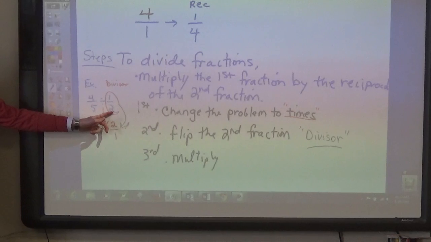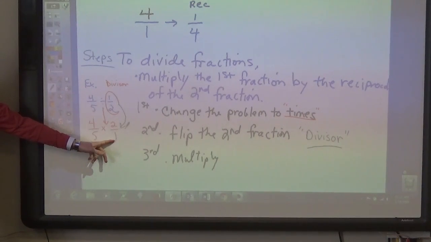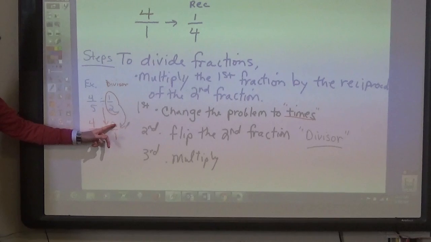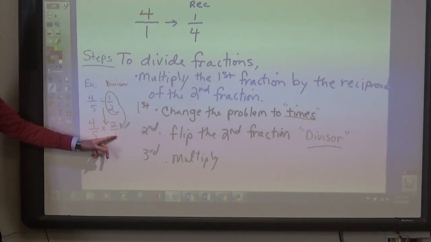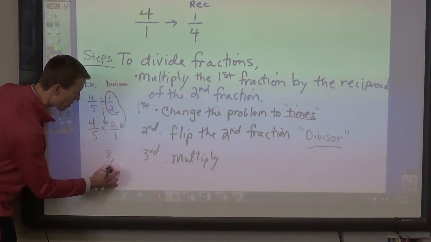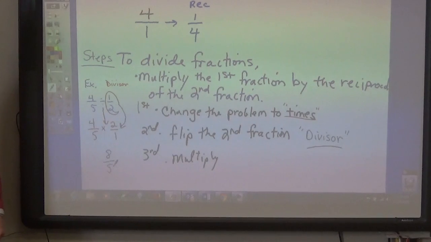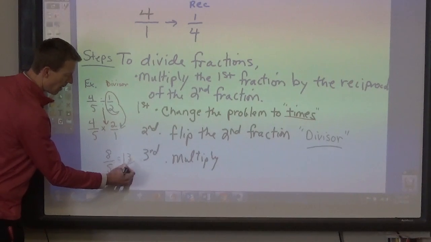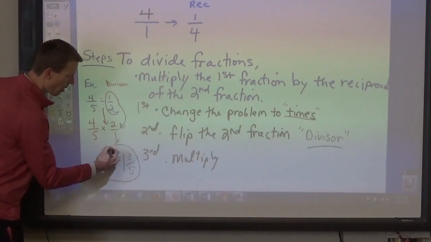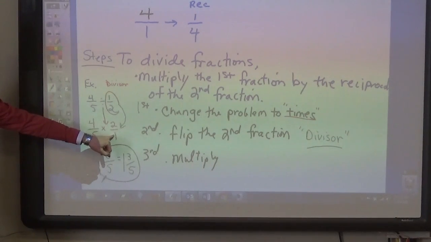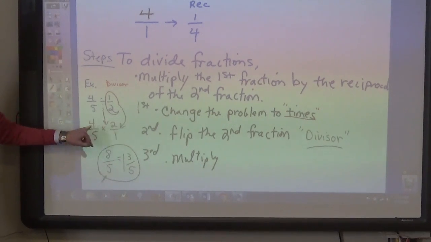Instead of 1 over 2, it's 2 over 1. So it's 4/5 times 2 over 1. And then multiply. 4 times 2 is 8. 5 times 1 is 5. So the answer is 8/5, or 1 3/5. That's how you find the answer to this division problem with fractions. Change it to times, flip the second fraction over, and then multiply.